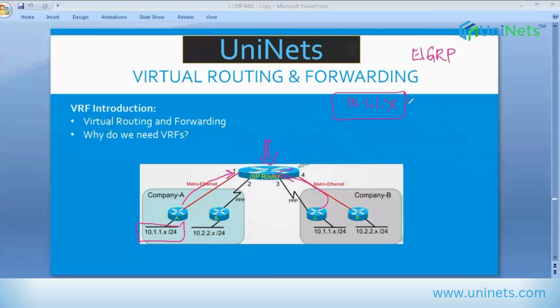I will go for AD value comparison. AD is also the same, EIGRP 90. Now I will go for metric.